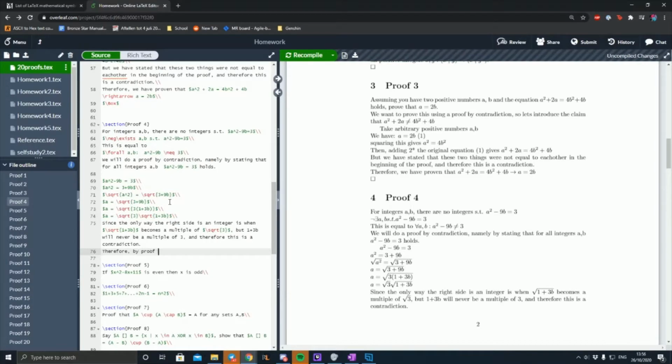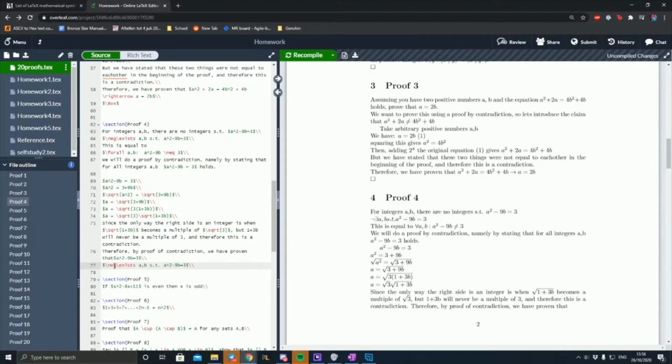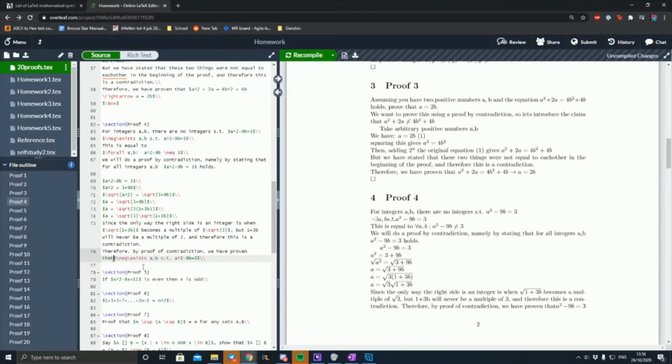Therefore, by proof of contradiction, we have proven that there doesn't exist a and b such that, let's do a and b in, what is the set of all integers?